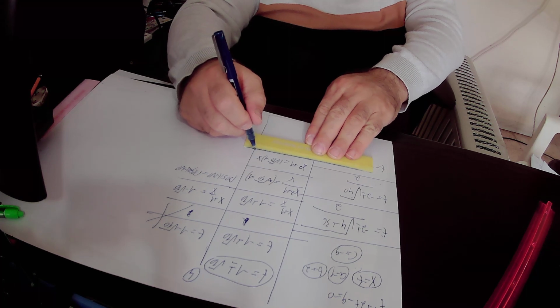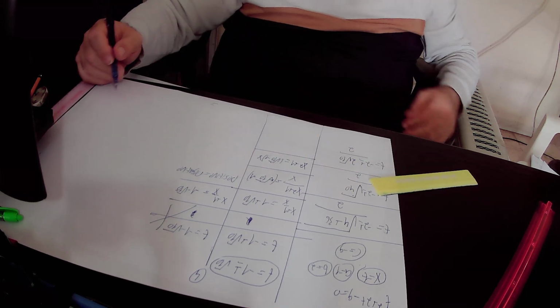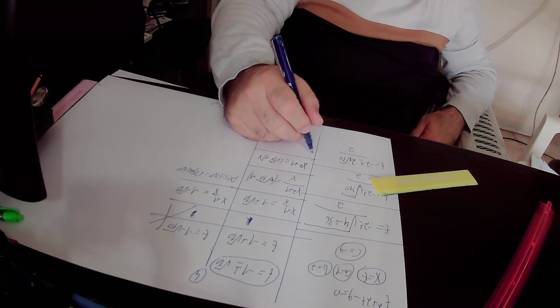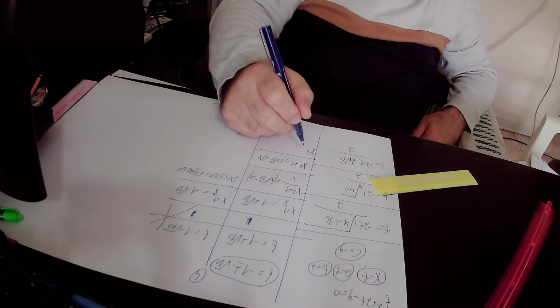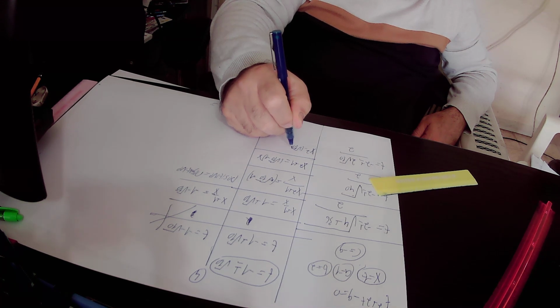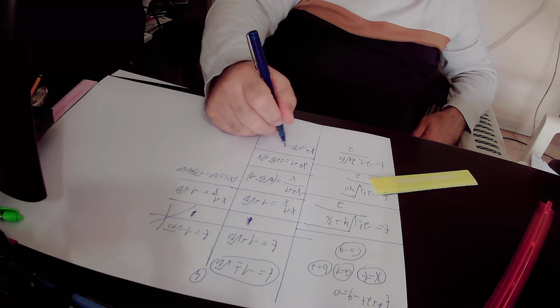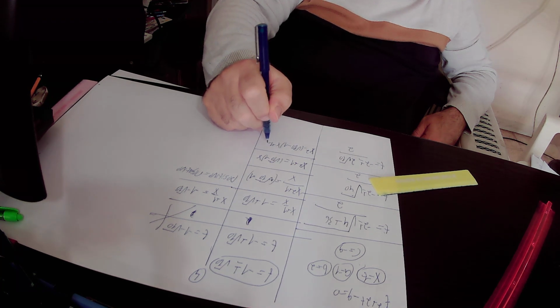Here we subtract square root of 10 minus 1 times x from this equation, and we get a quadratic equation that says x squared minus square root of 10 minus 1 times x plus 1 equals 0.